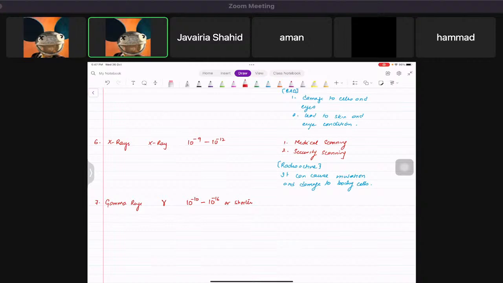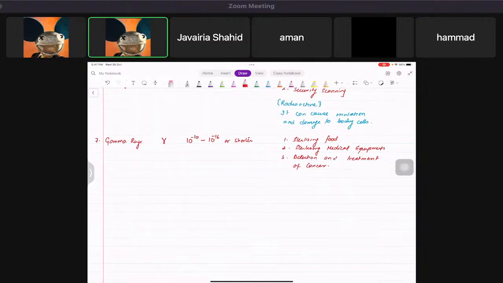Gamma rays have a couple of uses, like sterilizing food, sterilizing medical equipment because it can actually kill all living cells, and detection and treatment of cancer, so it can do that.